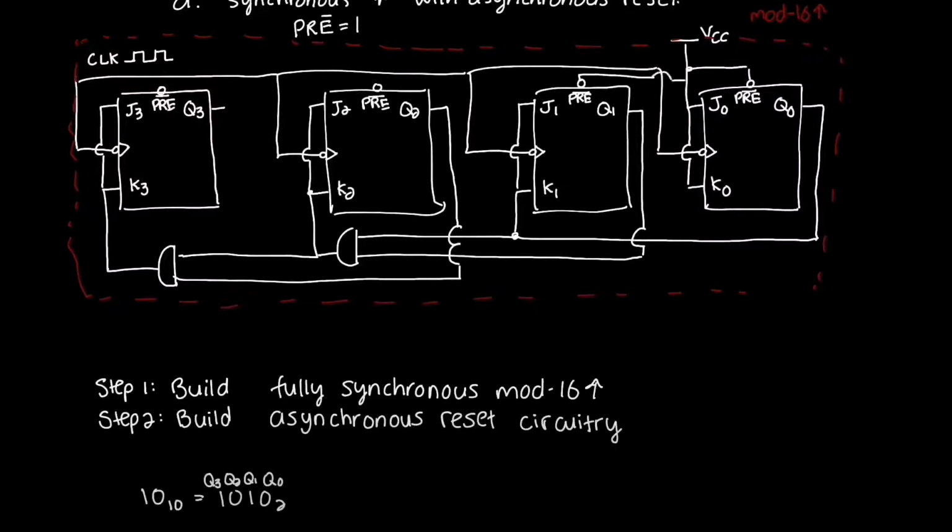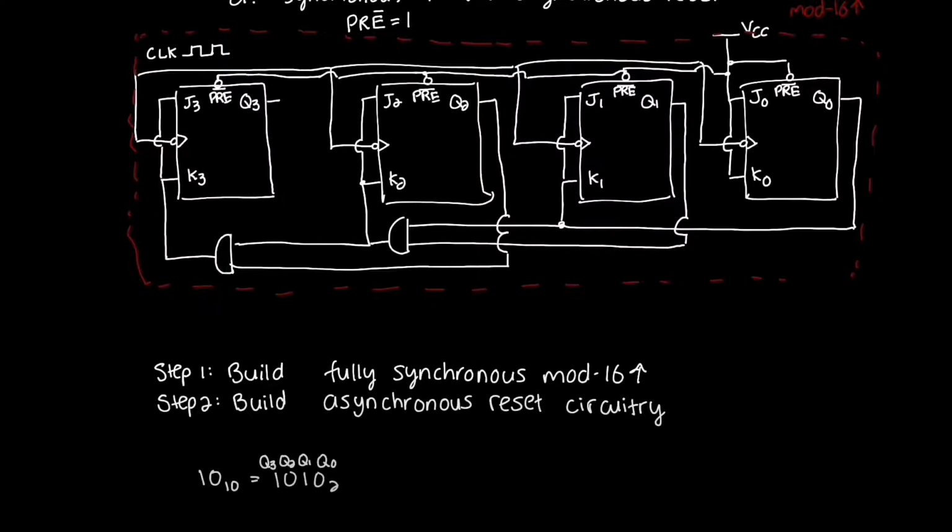So let's wire them to VCC. Why not? Okay, what about clear? Also active low. That's what this little bubble means.